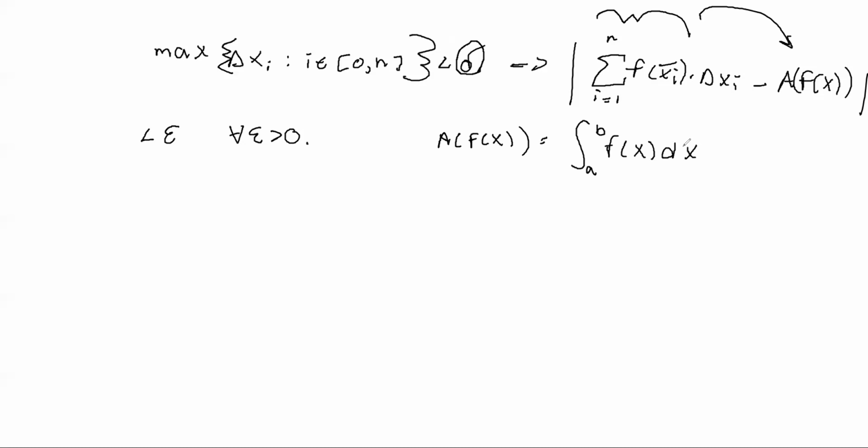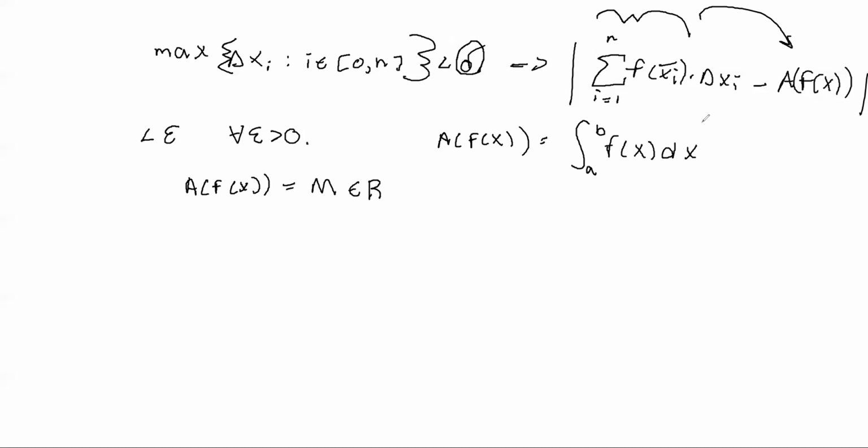So we'll say the area of f of x is equal to the integral from a to b of f of x dx, where the area of f of x is equal to some number m in R. So that's the condition for our sum to be a good approximation of the area of f of x.